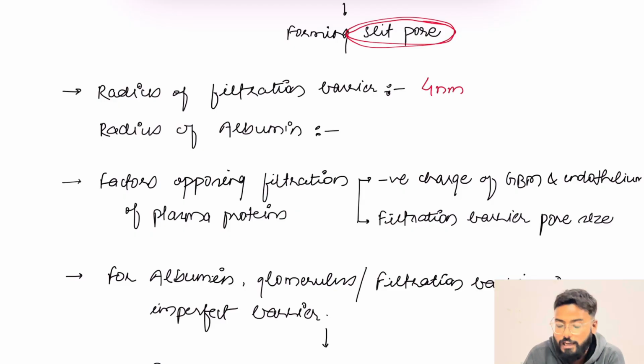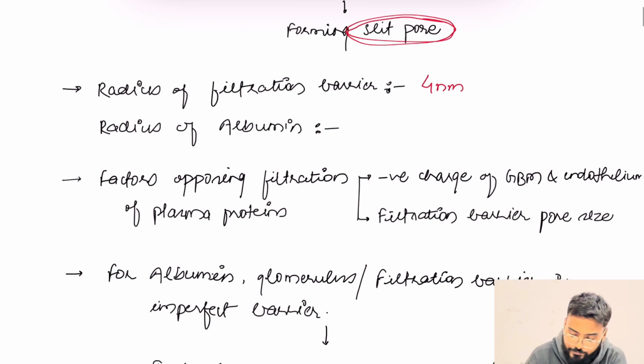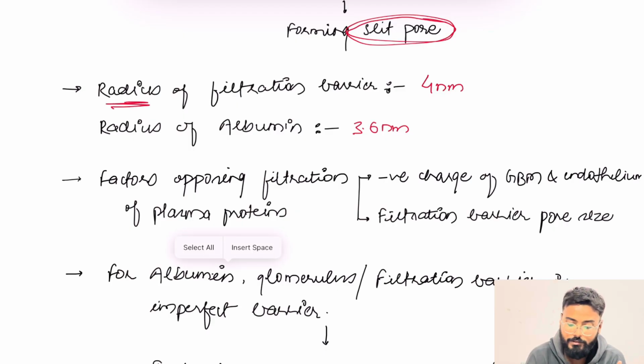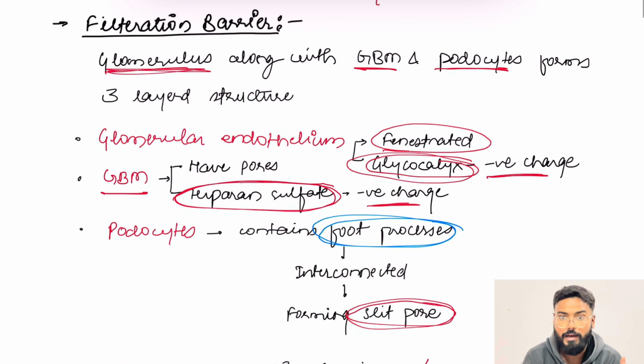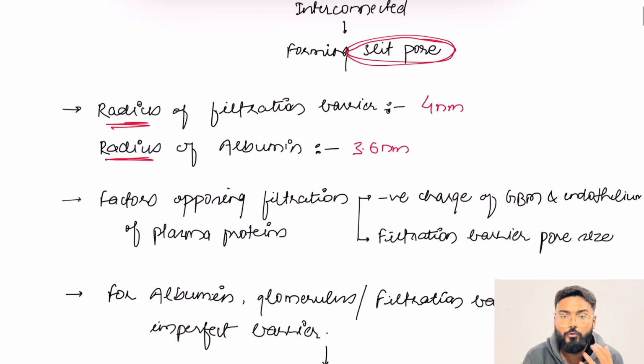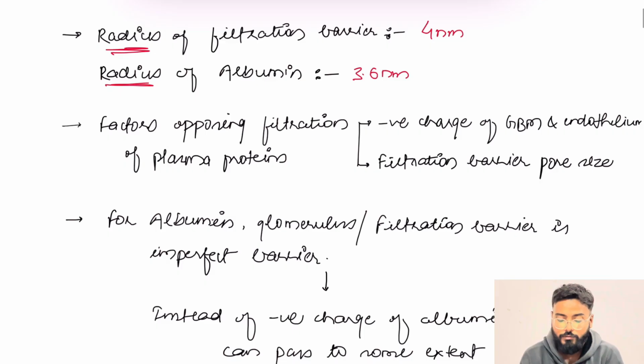And what is the radius of albumin? It is 3.6 nanometers. I'm talking about radius, not diameter. So 4 nanometer is the radius of your filtration barrier. Molecules greater than 4 nanometers in radius, in size, cannot pass through this barrier.